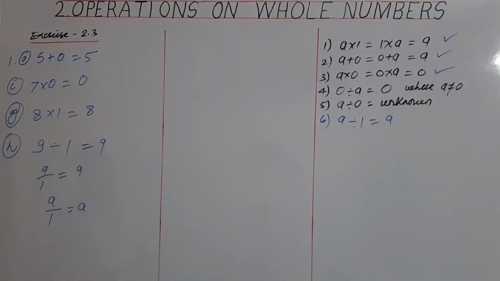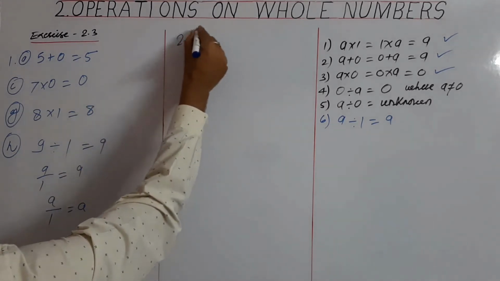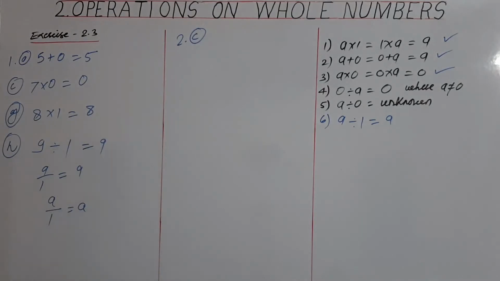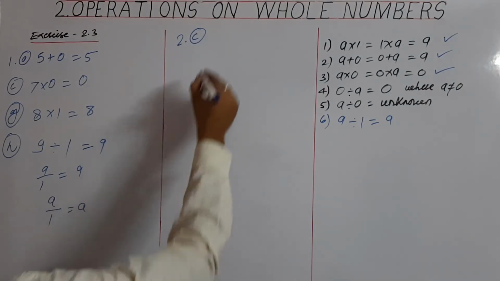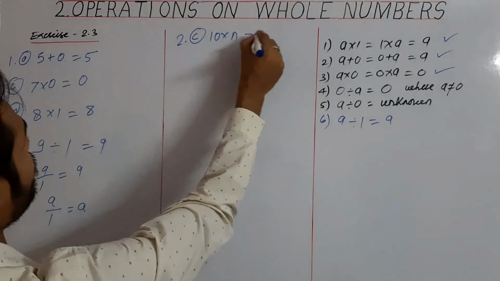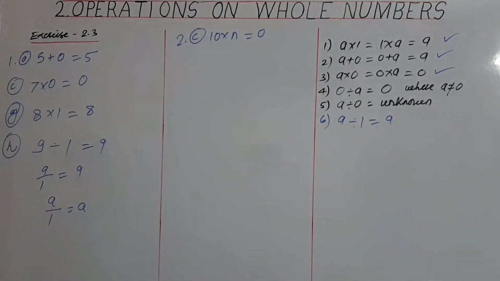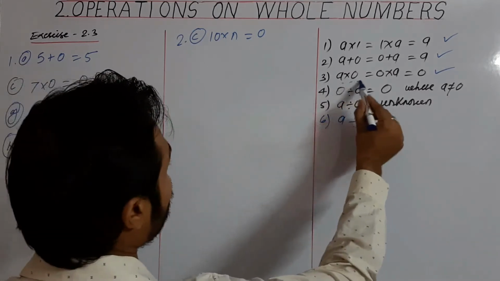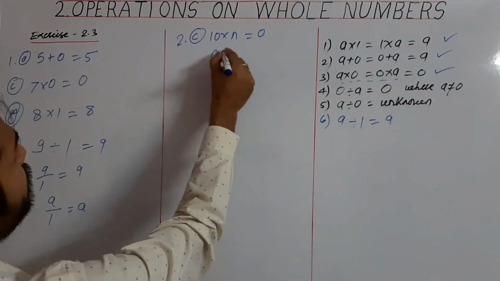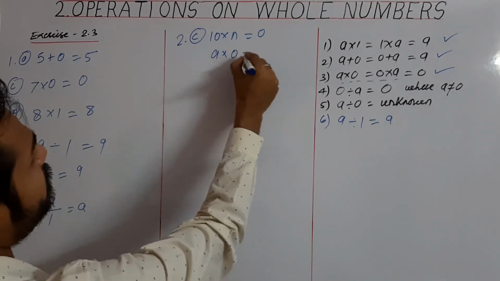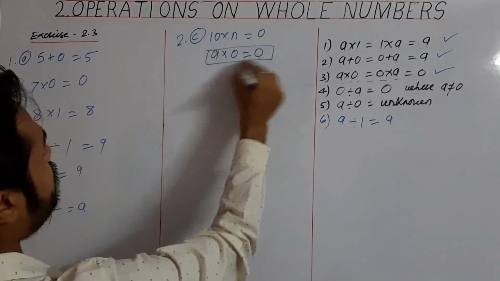And next question, second question, find n such that the following statements may be true. Solving part C. n into n equals 0. Now the given statement is similar to the third property, where a into 0 equals 0.